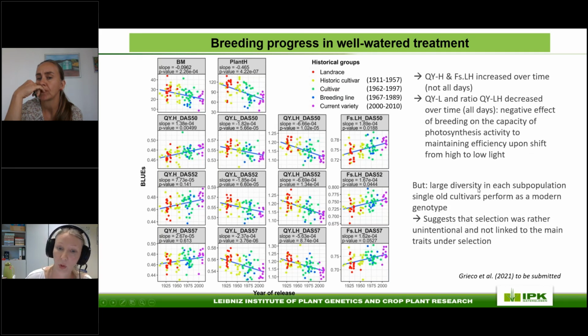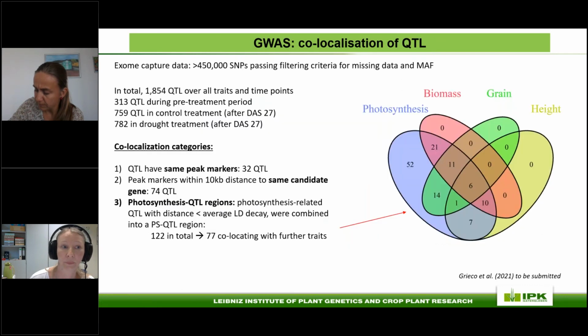However, we also see a large diversity in the groups, so in the subpopulations here, the landrace and so on. So that would suggest that this was rather an unintentional selection, probably, and not linked to the main traits which were under selection. And that leaves, again, room for breeding for this trait.